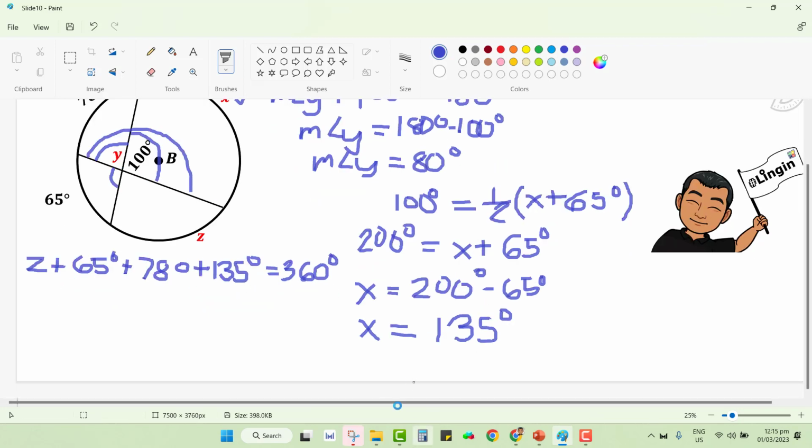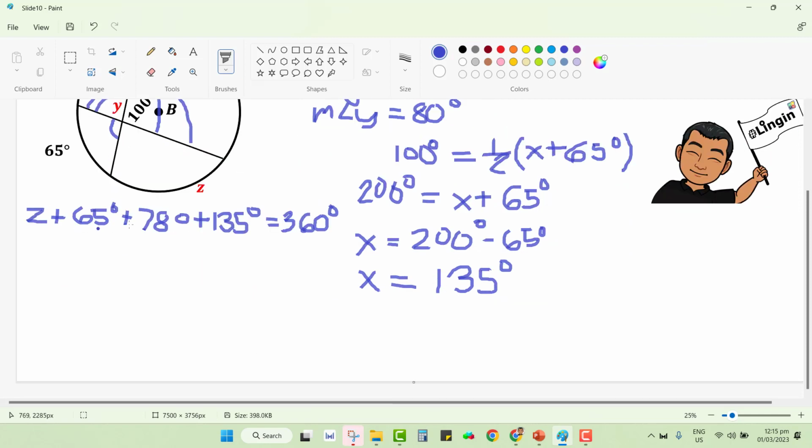Moving forward, if we sum this up, 65 and 135 is 200, plus 78, so you will have z plus 278 degrees is equal to 360 degrees.